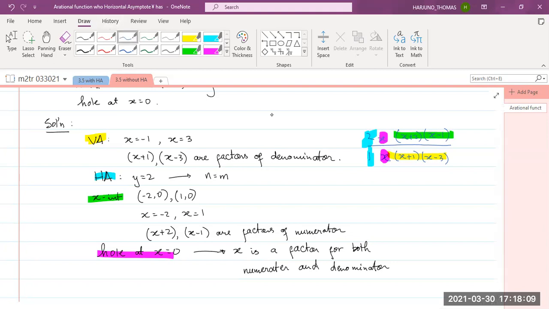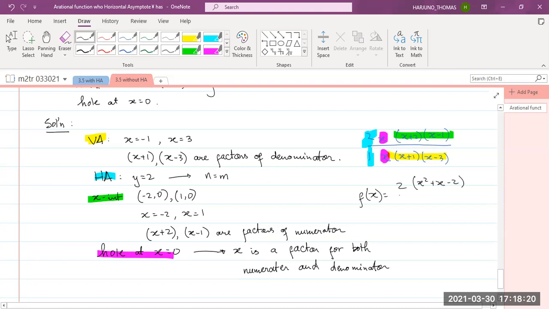So the function is f(x) equals 2 times x(x squared plus x minus 2) over x times (x squared minus 2x minus 3), which is (2x cubed plus 2x squared minus 4x) over (x cubed minus 2x squared minus 3x). That's what the function looks like.